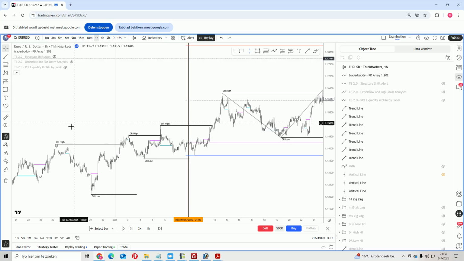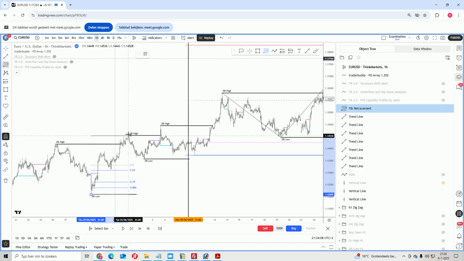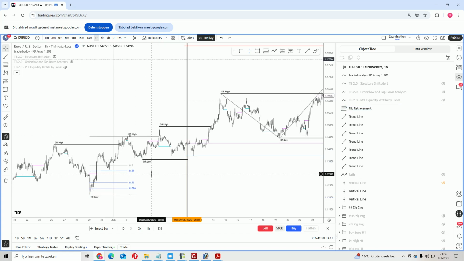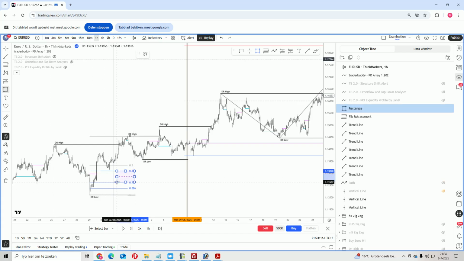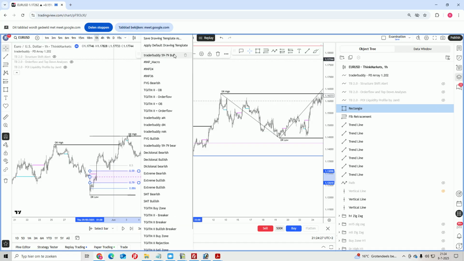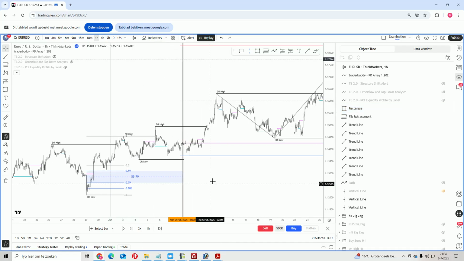Now what do we do when we break in an uptrend? When we break our dealing range high, we draw our buy zone, in this case the 59 till the 97, and we extend it in time, and we mark it off as the 59.97.